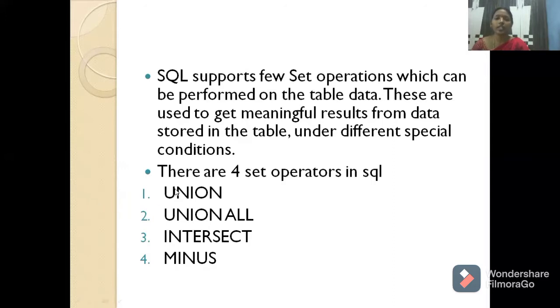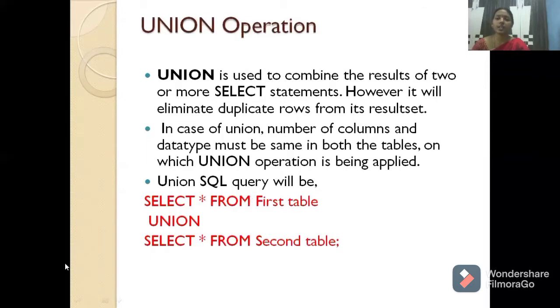Now we have four kinds of operators: union, union all, intersect, and minus. So these are the four different operations in SQL. First we'll see the union operation. What is meant by union? Union is nothing but a combination of two tables. Consider here you have a student table of MPC A section, and here you have a table of MPC B section.